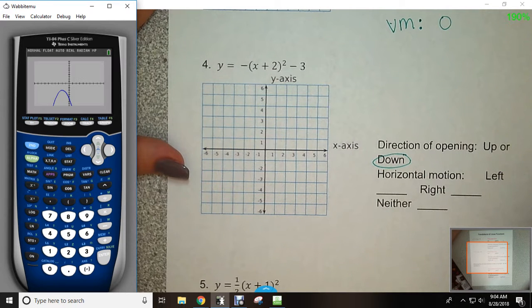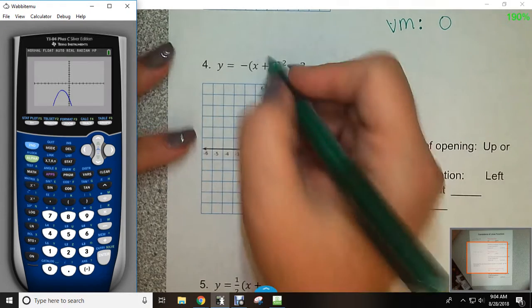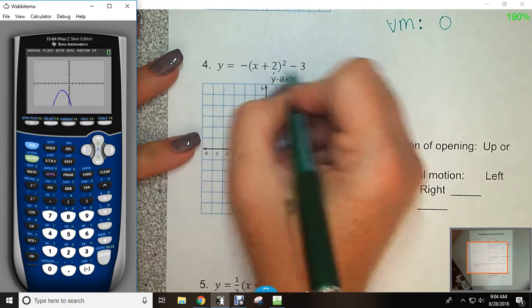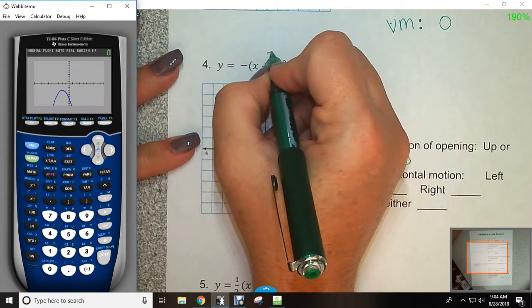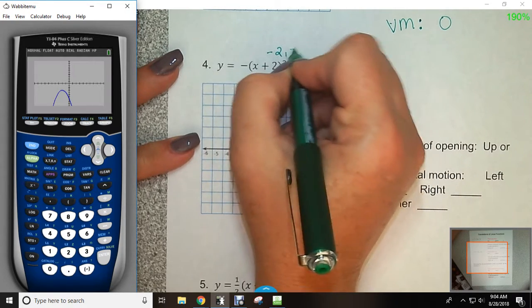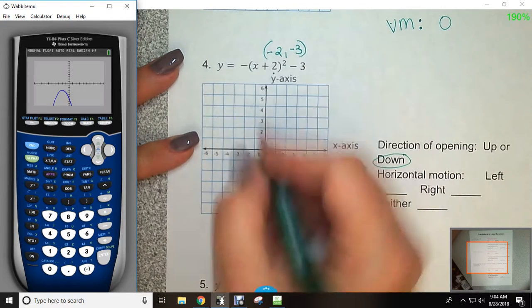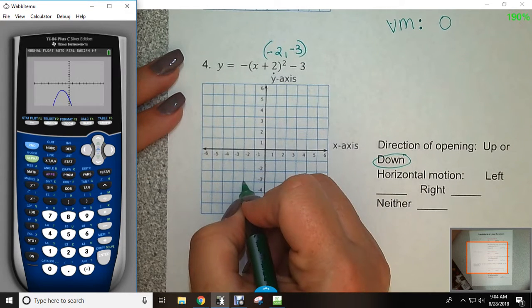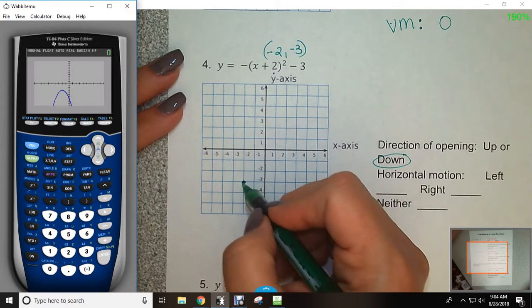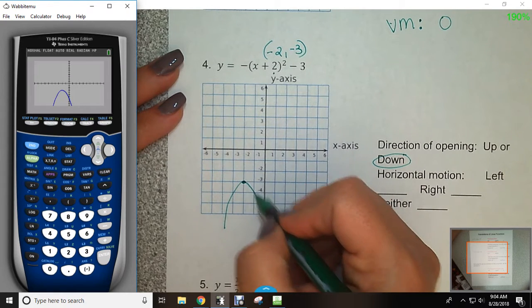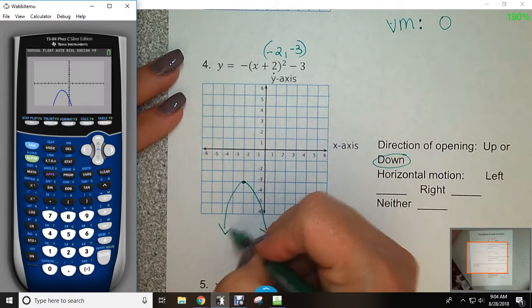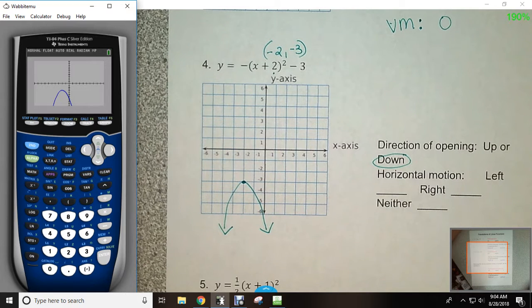So now here's where you can see that the patterns we learned in the linear translation apply here. I'm going to do the opposite of this one, the same as this one. So that gives me negative 2, negative 3. And that is where the graph shifts to, or the vertex of the graph shifts to, but it's the same graph.